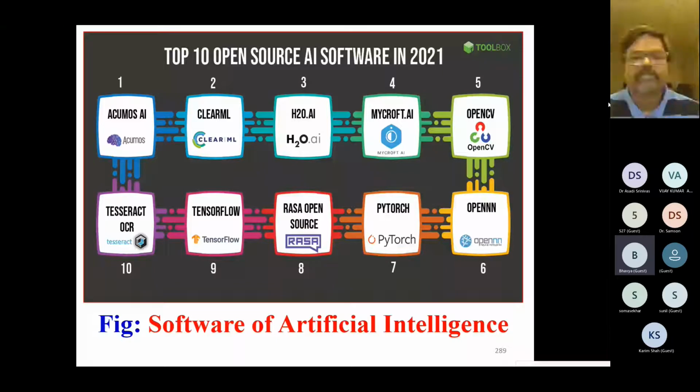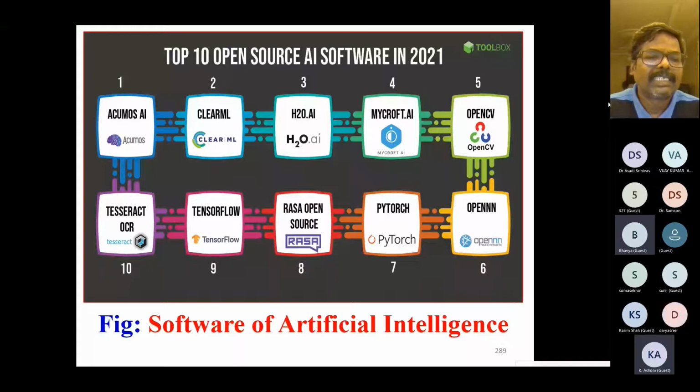Then Mycroft.ai and OpenCV, then OpenNN, PyTorch, Rasa Open Source, TensorFlow, Tesseract OCR, Optical Character Recognition. These are the various top 10 artificial intelligence software in 2021.